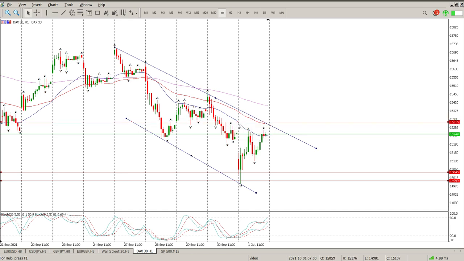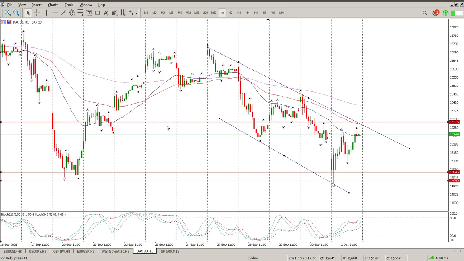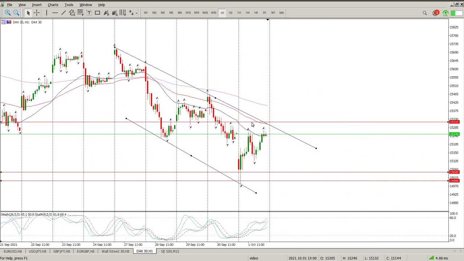Somewhere in this area you can see there is rejection, resistance and support, and probably more as we go to the left, but that's also above some of the moving averages, the 66 and the 33 EMAs, and it also breaks the channel. So to me that would be the line in the sand, so to speak. So 15,300, 15,315, we're looking for a break and a retest of that for any continuation to the upside.